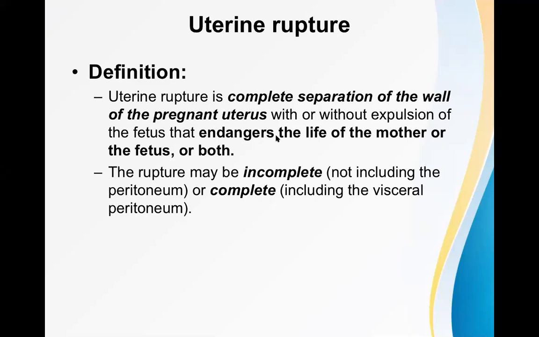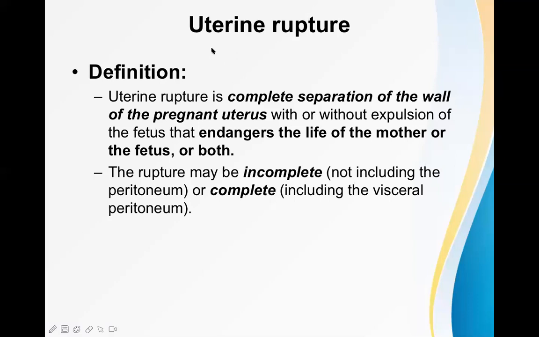That hemorrhage can endanger the life of the mother, or that rupture can endanger the life of the baby as well. The rupture may be incomplete or complete. Incomplete means it doesn't include the peritoneum, and complete means it includes the visceral peritoneum as well.